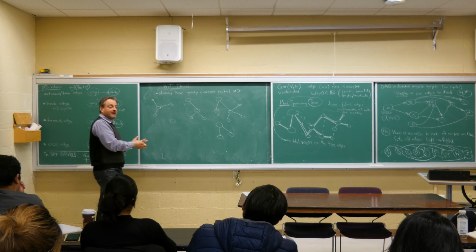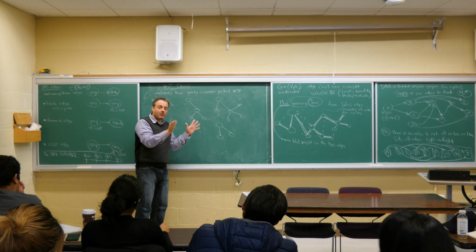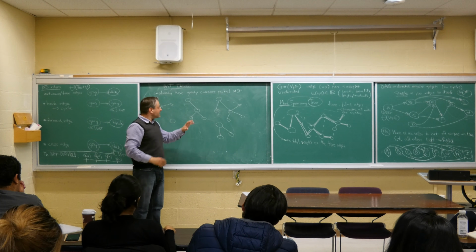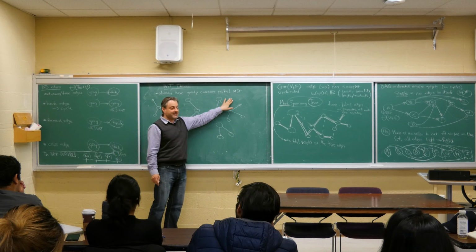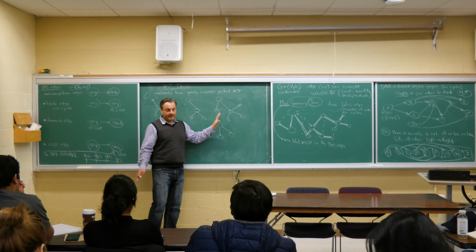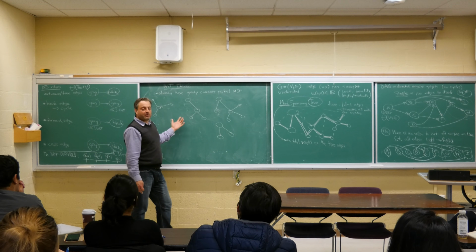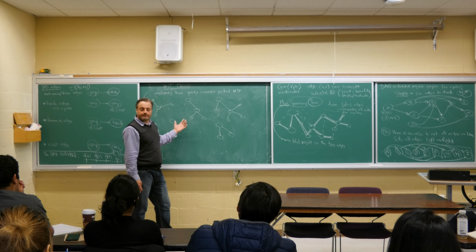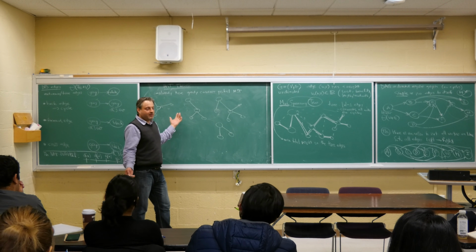Any new edge that I decide to add, assuming I'm not willing to change the existing edges, because I picked them greedily, they stay. What are the options for my new edges to add? Connect two of those things. That's the only way, right?